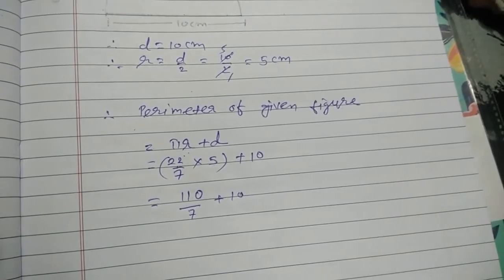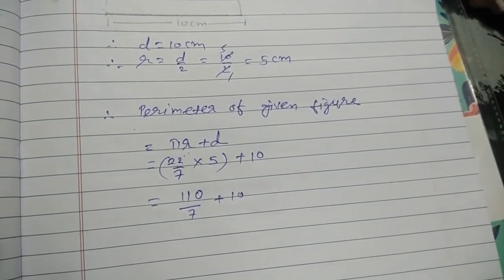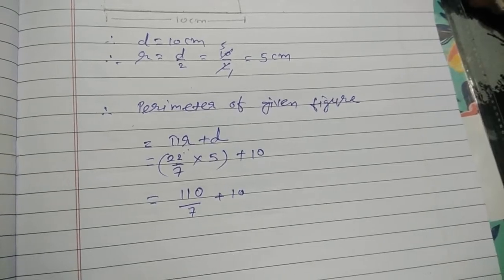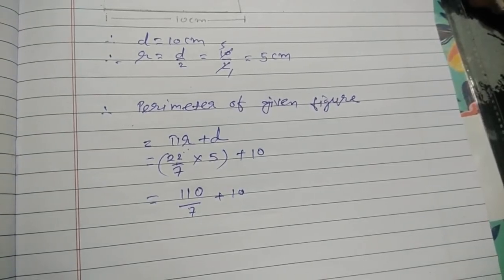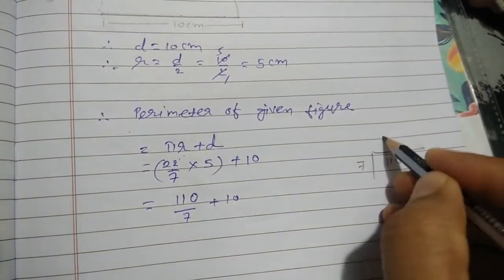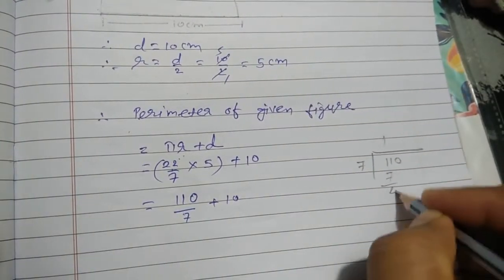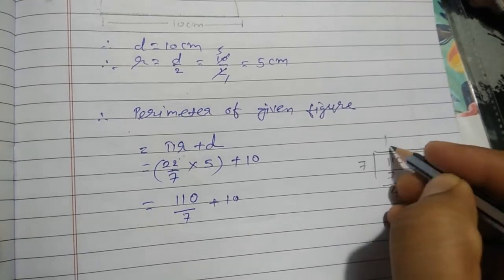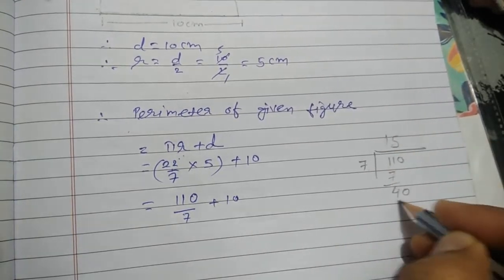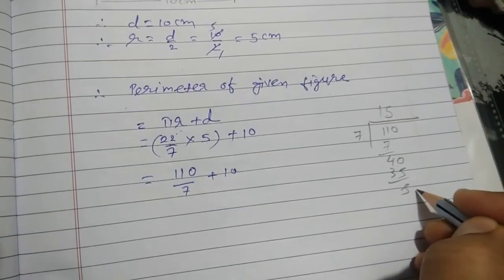So here we will do the division. 110 divided by 7. 7 ones are 7, 11 minus 7, that is 4, 0 will come, 7 5s are 35, 5.